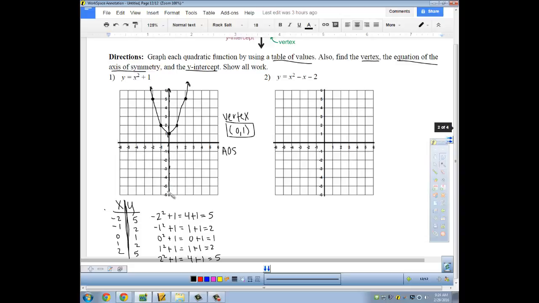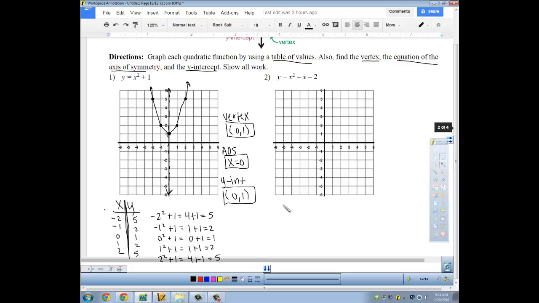And we always draw a dotted line just so we know that it's not actually part of the graph. This will be located at x equals 0. So since it goes through when x is 0, that's my line. It's always going to be x equals something. And then the y-intercept, well, the graph hit the y-axis right here, so that was 0, 1, just like the vertex.